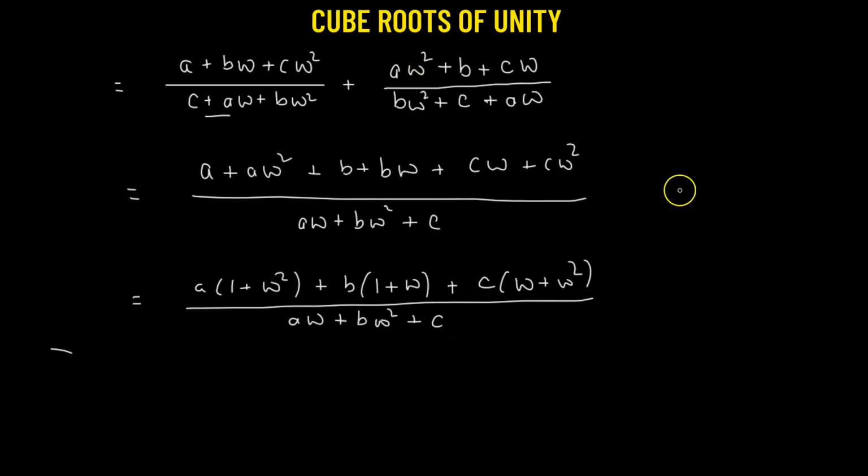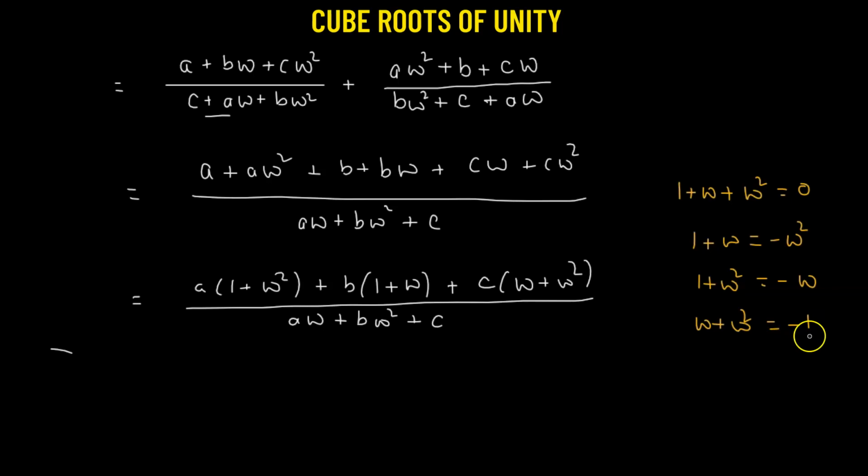We will use the fact that the sum of the cube roots of unity, which is 1 plus omega plus omega squared, equals 0. So from here we can say that 1 plus omega will be equal to negative omega squared, or 1 plus omega squared will be equal to negative omega, or omega plus omega squared will be equal to negative 1. So we'll use these three values to rewrite our numerator.